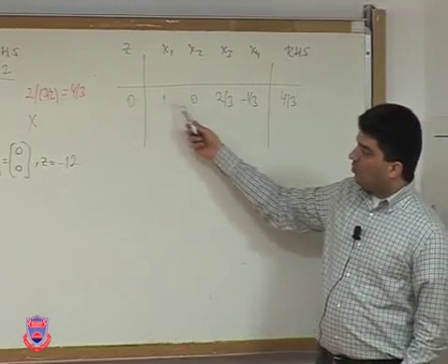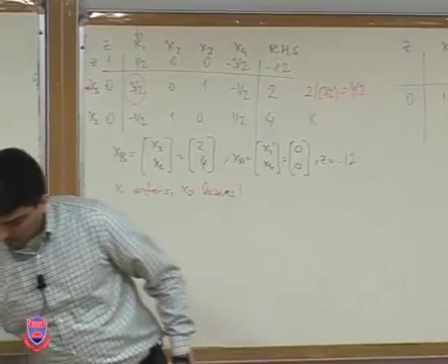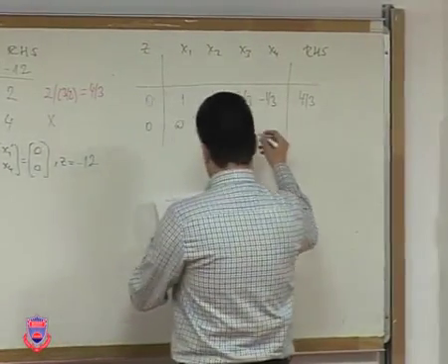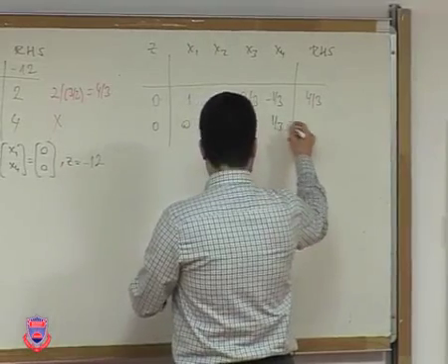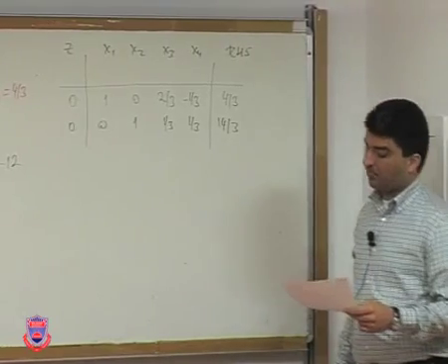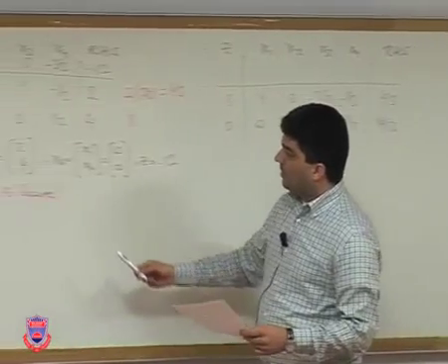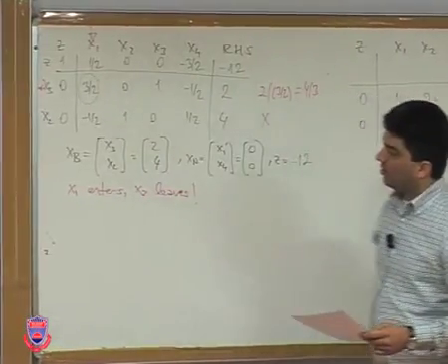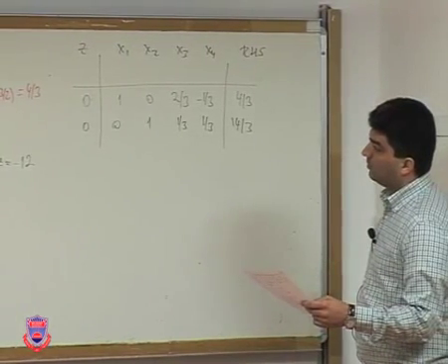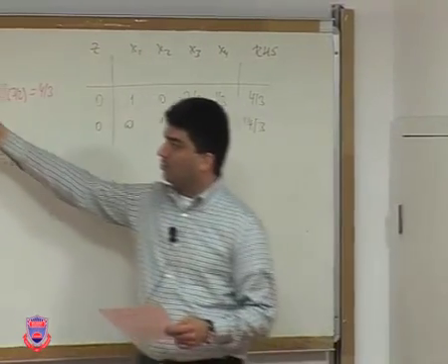Then I'm going to multiply the new row 1 by 1 over 2 and add it to old row 2. If you do that, you have the following: 0, 0, 1, 1 over 3, 1 over 3, and the right-hand side value is 14 over 3. Okay, and finally, I'm going to multiply this by minus 1 over 2 and add it to row 0.